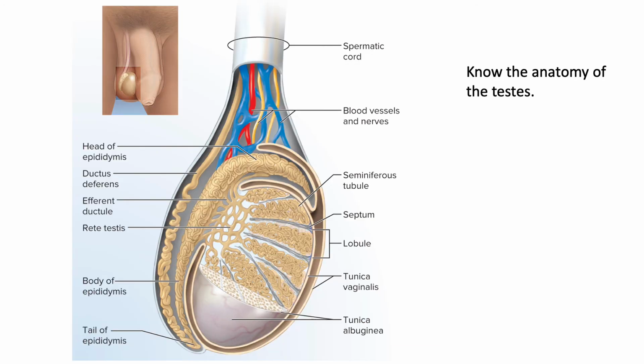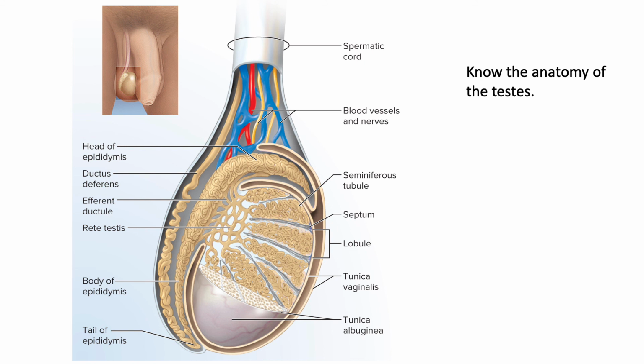So again, know the structure of the testes. The testis itself is surrounded by a covering called the tunica albuginea, which turns into septa, little walls, and divides the interior of the testes into little lobules. Those lobules are filled with coiled seminiferous tubules. Those seminiferous tubules are where the sperm are actually produced. So the sperm cells are produced within the seminiferous tubules of the testes.